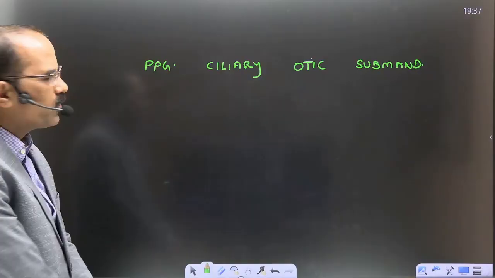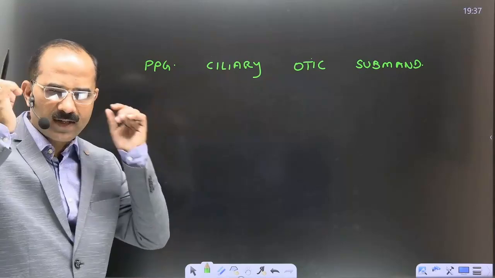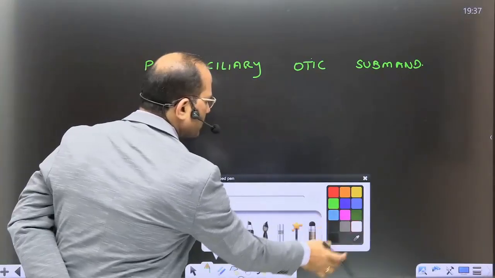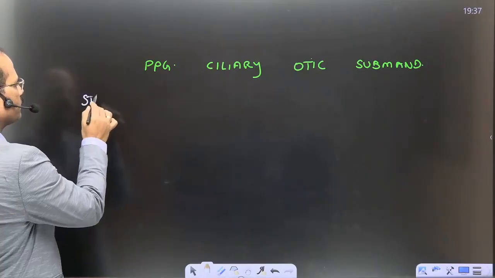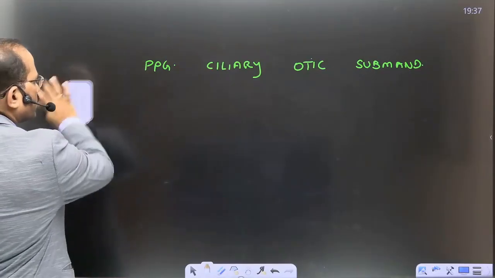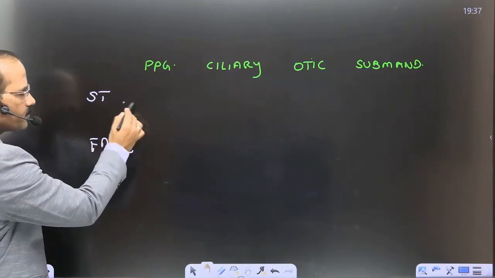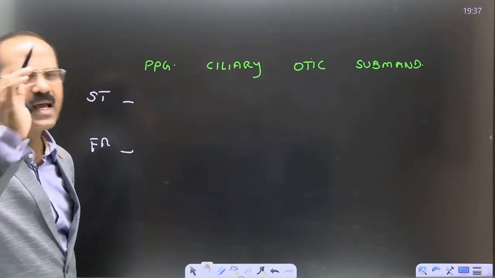So pterygopalatine, ciliary, otic, and submandibular ganglion. These are the 4 ganglions of head and neck. Now, each ganglion is related to 2 nerves. We just saw this. One is structural relation and the second one is functional relation. Now, structural meaning the ganglion is hanging from the nerve.